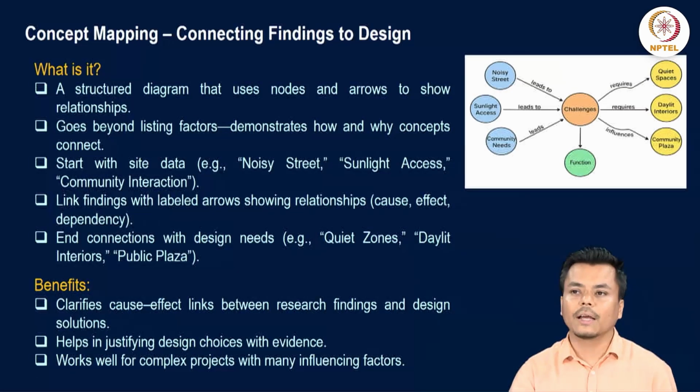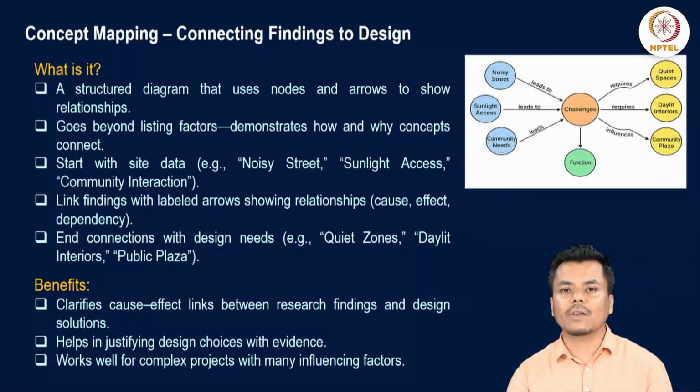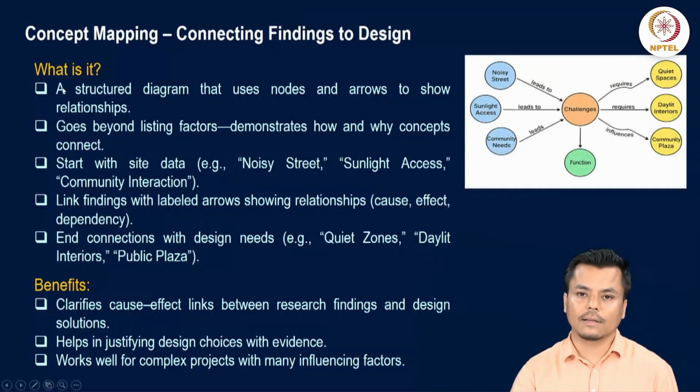So if it is located in a cold and cloudy region, you will use it as an advantage, you will tap that advantage. If it is located in some hot and dry climatic region or warm and humid climatic region, you will try to limit the access of sunlight into the space. Likewise, the design strategies are developed from this concept mapping stage.